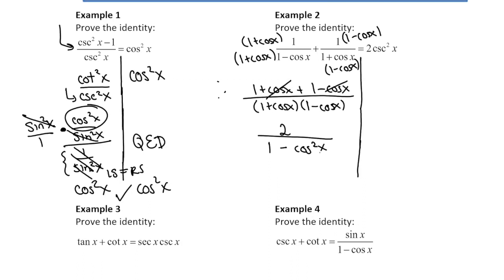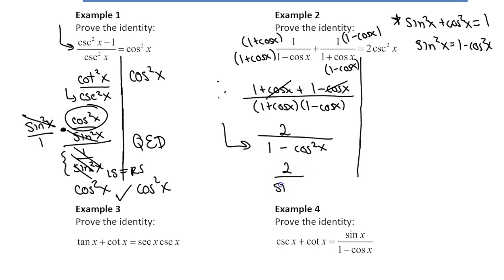Specifically, there's the Pythagorean identity that says, let's just write this up over here, sine squared x plus cos squared x equals 1. And if I manipulate that, which we're allowed to do, then I know that sine squared x is equal to 1 minus cos squared x, which means that I could replace this denominator with a sine squared x.